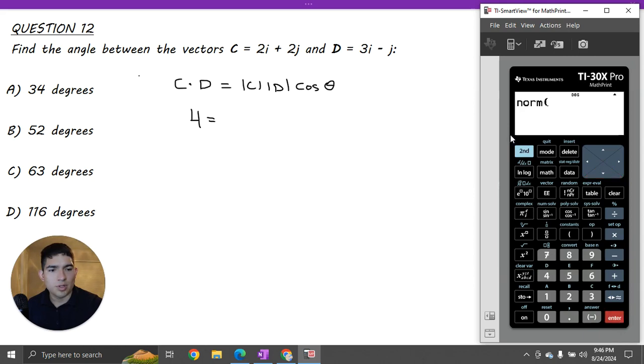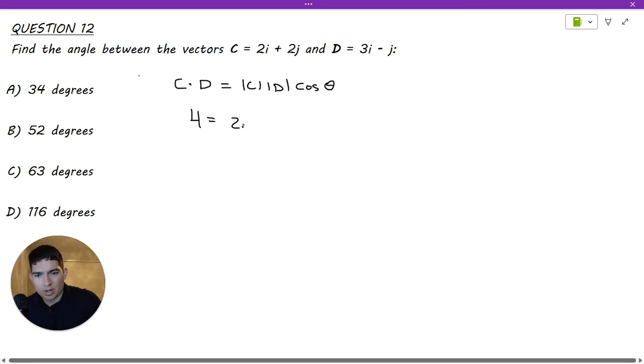So we'll just put it there, and then we'll start off with our first vector, and it's going to give us a magnitude of 2 square root of 2. If we hit this button right here, it's going to give us this number, which is the equivalent of 2 square root of 2. So it looks like we can round it to 2.83. So I'm going to go ahead and put that right there.